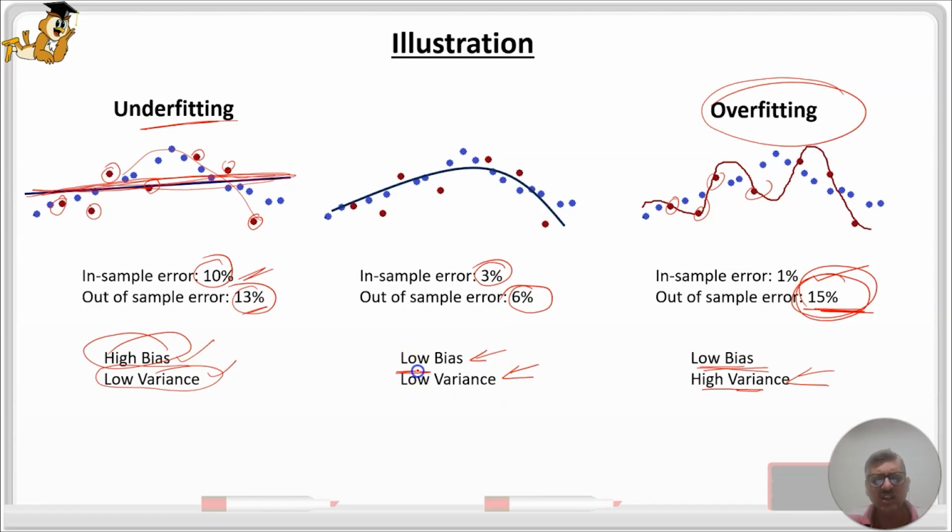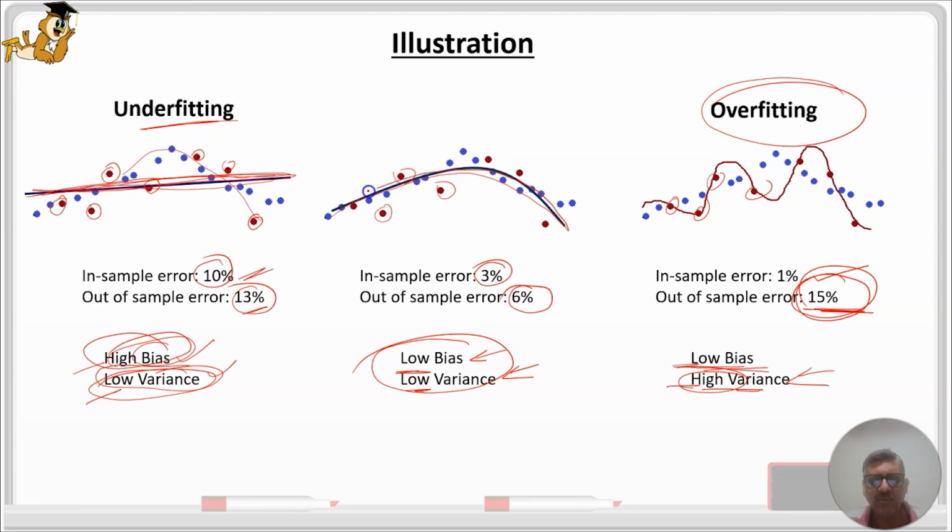Now I am again using terms like low and high, and these are relative. Low and high relative to what? Well, relative to each other. Here you have low bias, low compared to the bias for the underfitting case, and here you have high variance, high relative to the variance over here. This is sort of in the middle, which is why it's moderately low bias and low variance. So here you are better off not nailing the individual training samples, but choosing a via media.